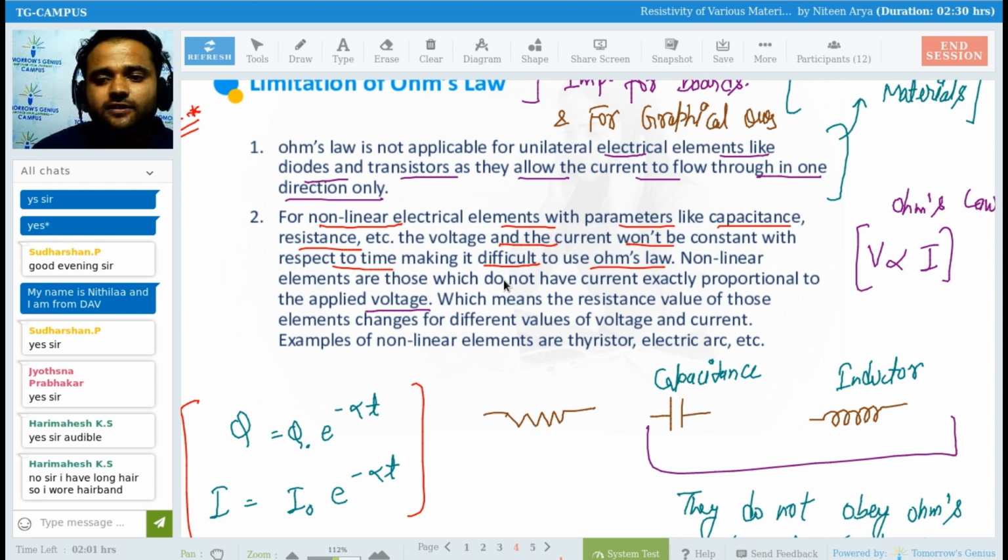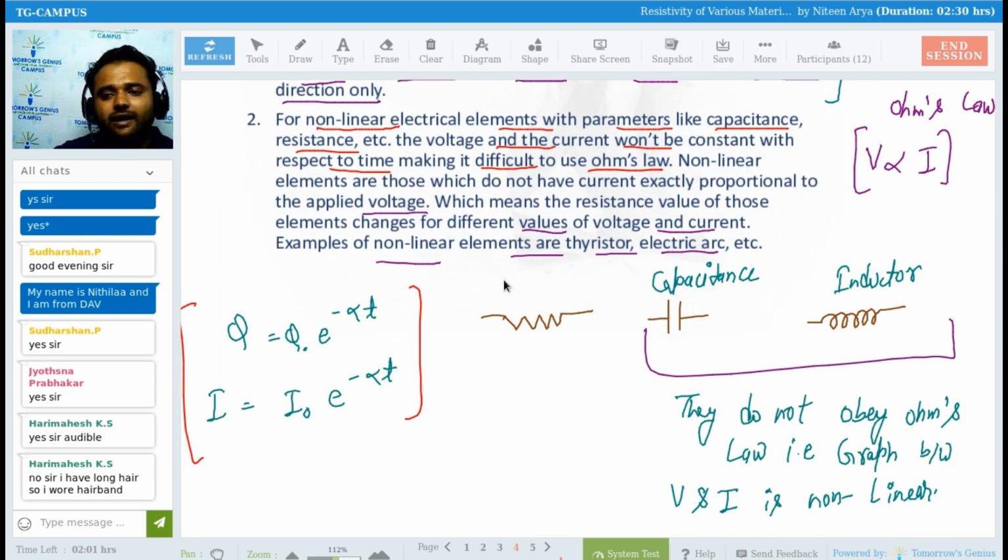Clear? Which means the resistance value of those elements changes for different values of voltage and current. Examples of non-linear elements are thyristor, electrical arc, etc. Capacitor, inductor also. And the circuits made up of them, like RC circuit, LR circuit, LC circuit, and so on. They are separate, but they can be combined, either all three of them or any two of them in a combination. Is this clear?